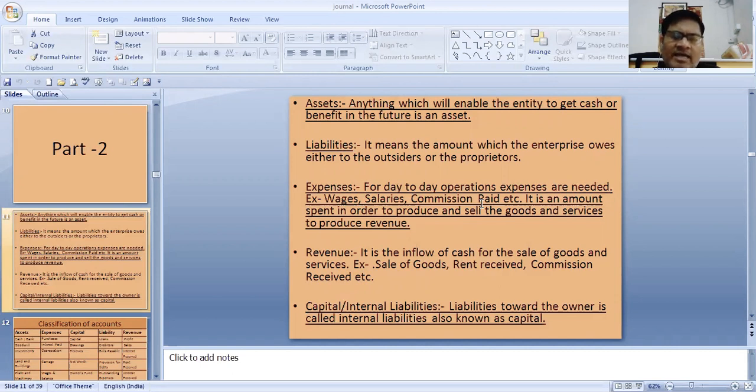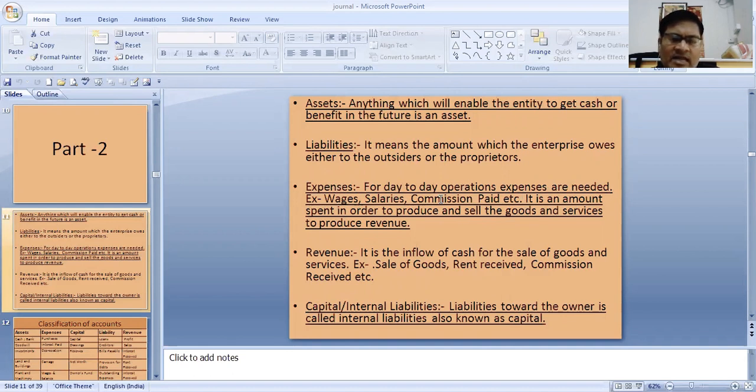Now comes expenses. For day-to-day operations, expenses are needed. Every day we need some help from somebody, and for that we make some expenses. From workers, we get the work and we pay them wages and salaries. From anyone who works for us, we give them commission.